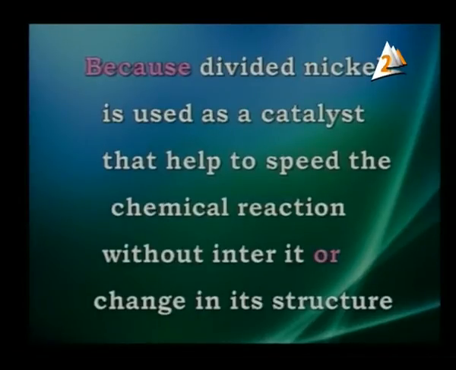So divided nickel is very important to speed the reaction. Hydrogenation of oil forms butter. What's meant by butter here? It's a type of fat that we use in our food, because divided nickel is used as a catalyst here.